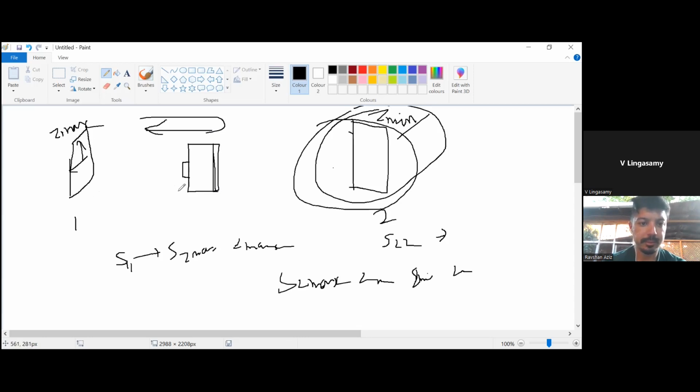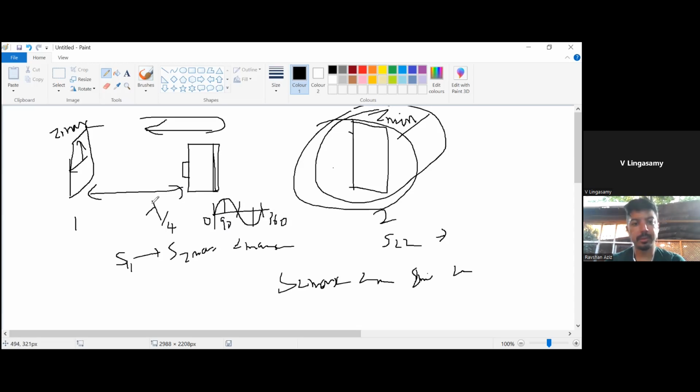At this port, the distance between these two will be lambda by 4. Why lambda by 4? When you look at the sine wave, this is 0 degree, this is 90 degree, this is 180, 270, and 360, correct?